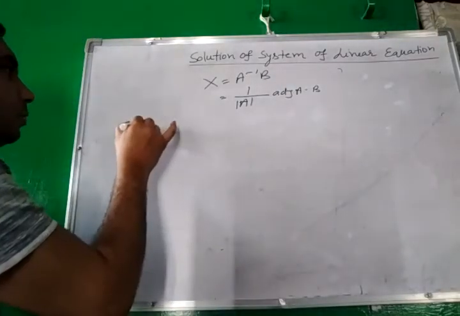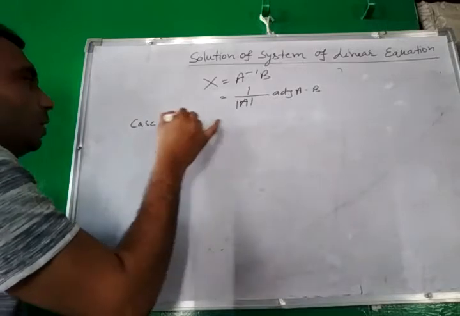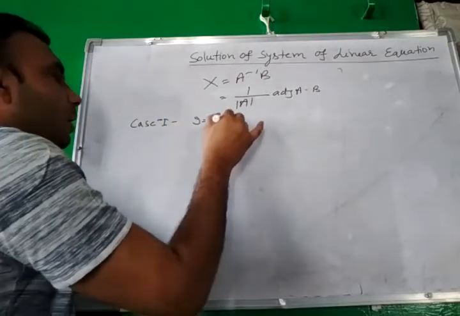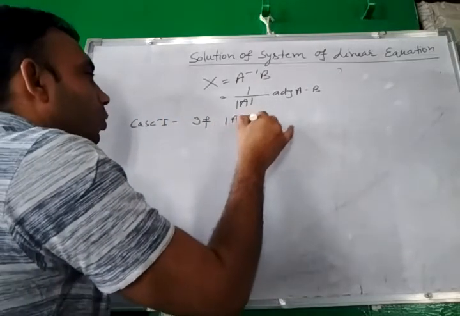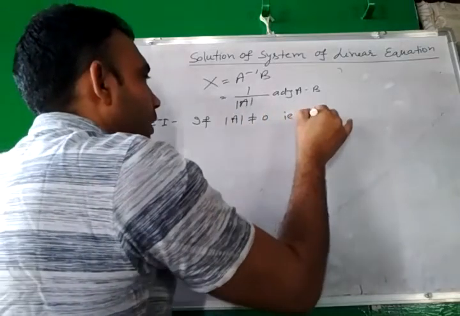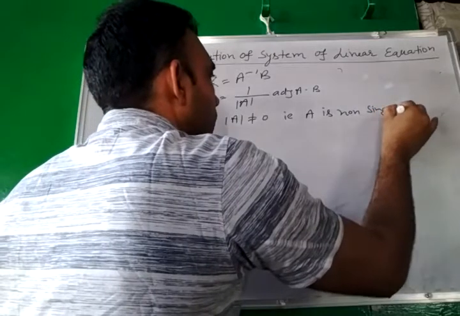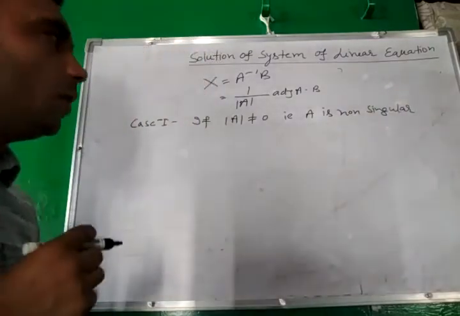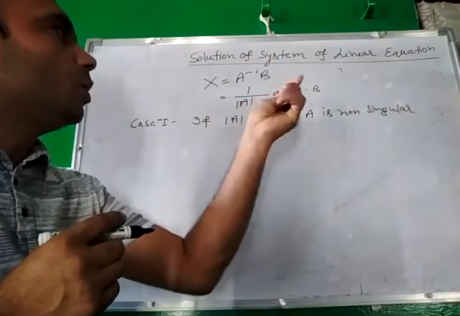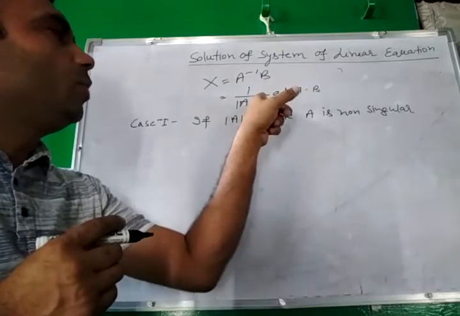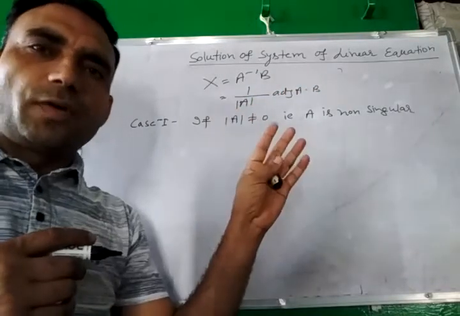Now case 1. If determinant of A is not equal to 0, that is, A is non-singular, then adjoint of A into B upon determinant of A is a finite value.